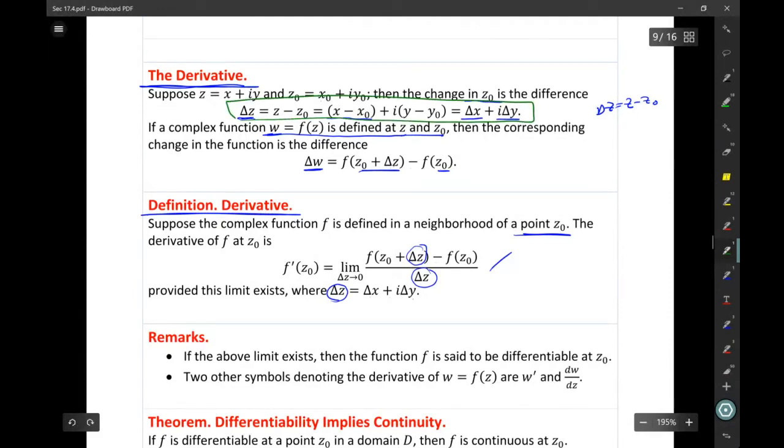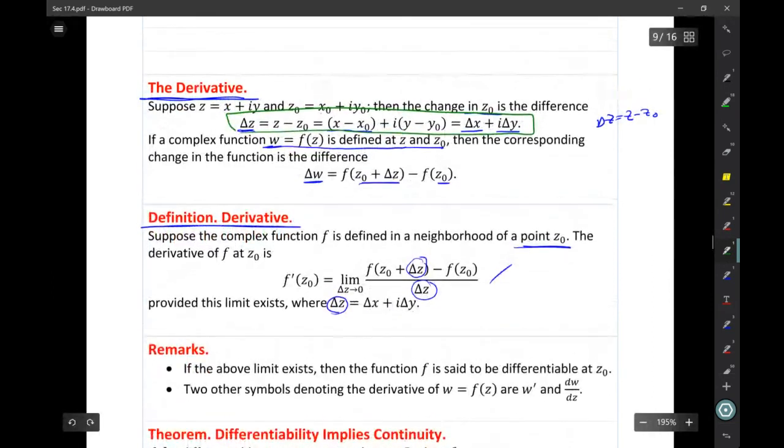Delta z is equal delta x plus I delta y. طيب إذا in general, let us write down in general f prime at the complex number z is equal to the limit of f of z plus delta z minus f of z divided by delta z, where delta z approaches 0.